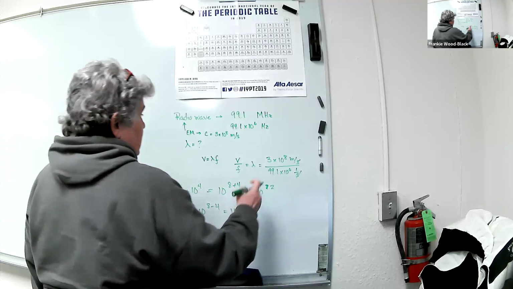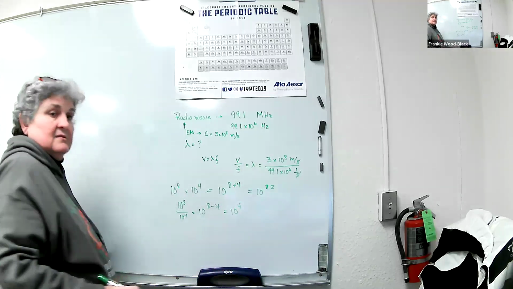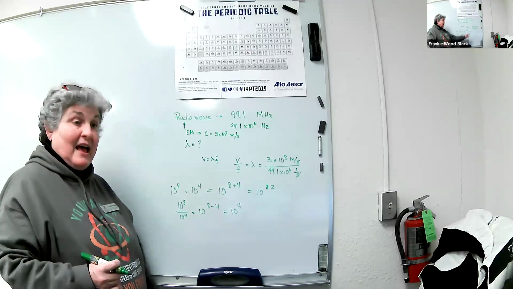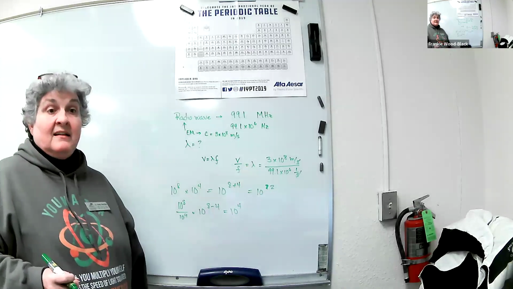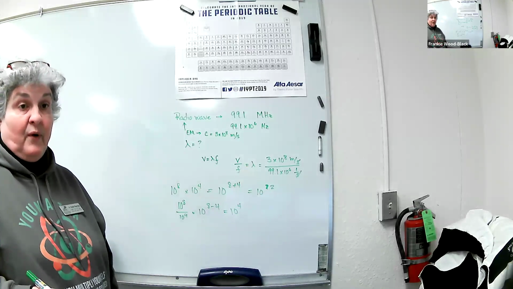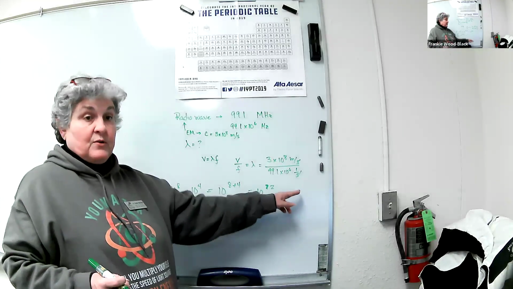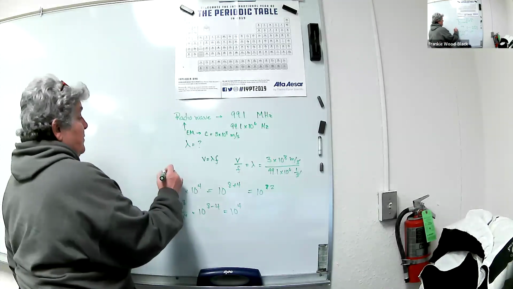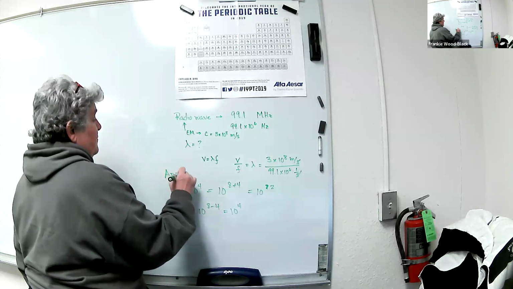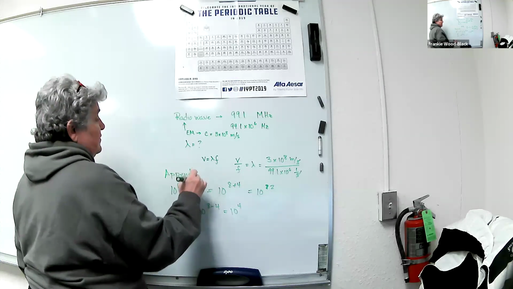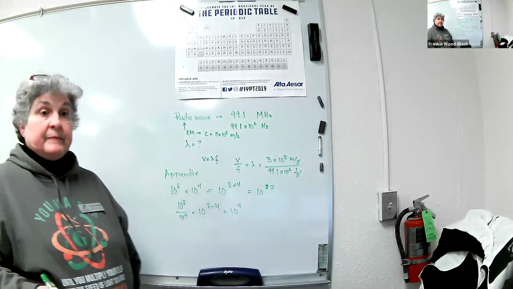Now, if I'm doing numbers like that, it's going to be 3 divided by 99.1, and I have those pieces there. You can look in the appendix of your book, and it reminds you of how to deal with exponents.